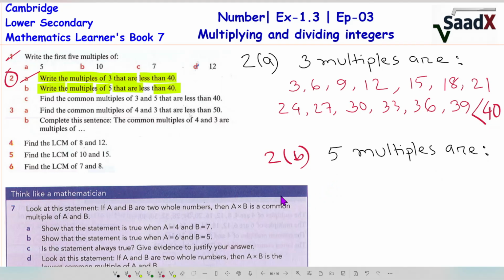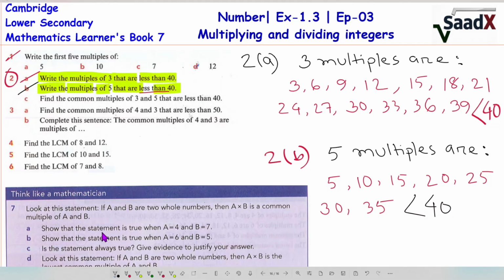So here is 5, then 10, then 15, then 20, then 25, 30, 35, but we cannot write 40 because it is mentioned less than 40. So less than 40, done. So number B also we completed very smoothly.